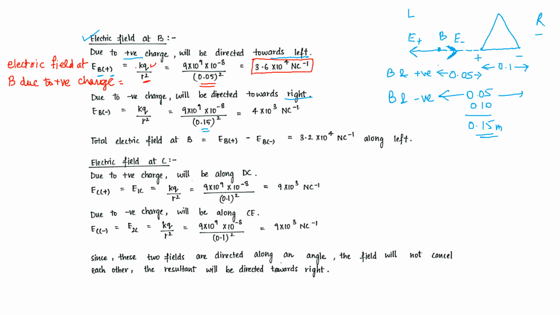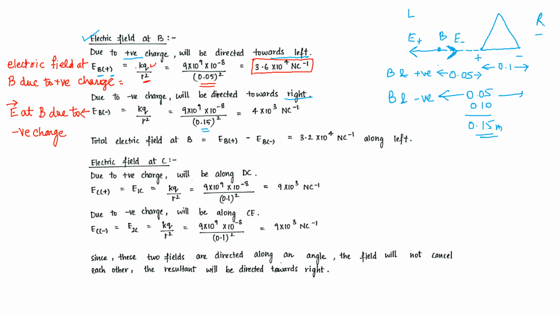Now I will write the electric field as E vector at B, the same point, due to the negative charge, which is towards the right side.